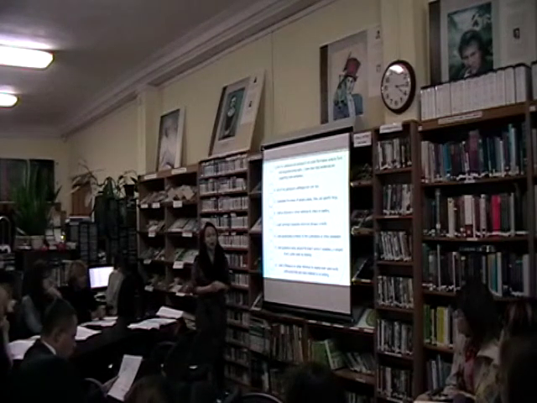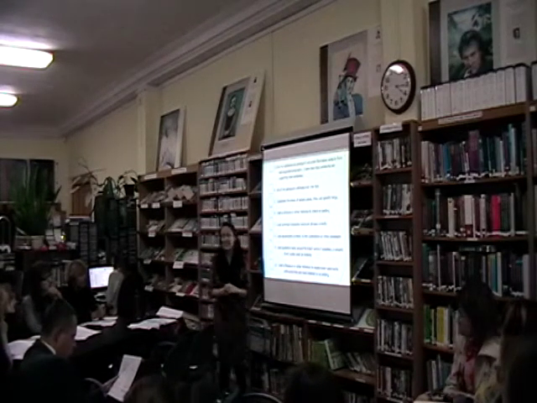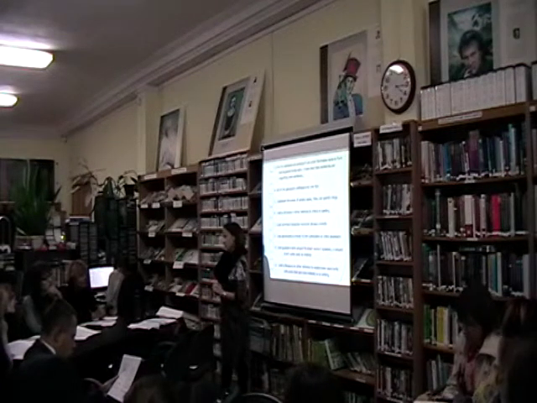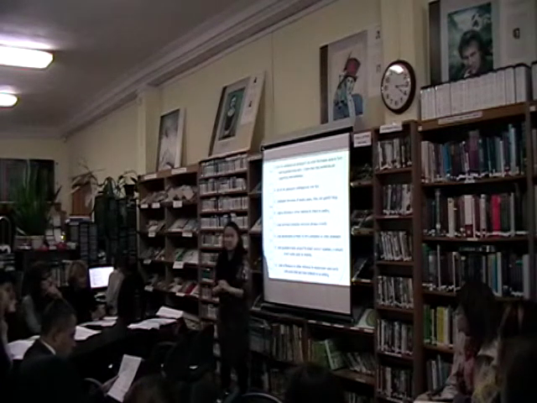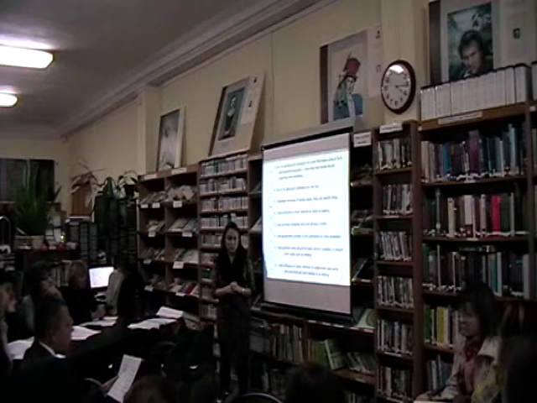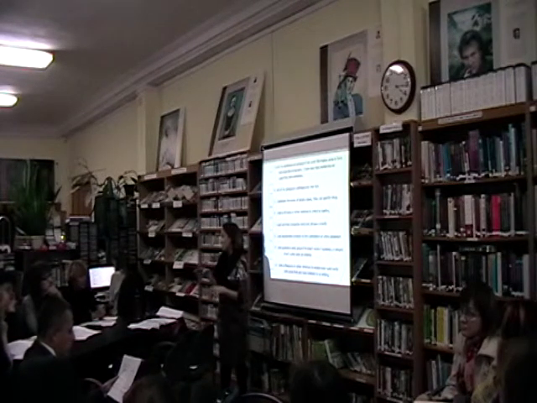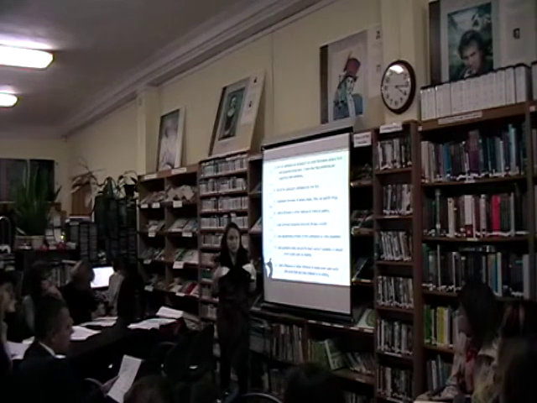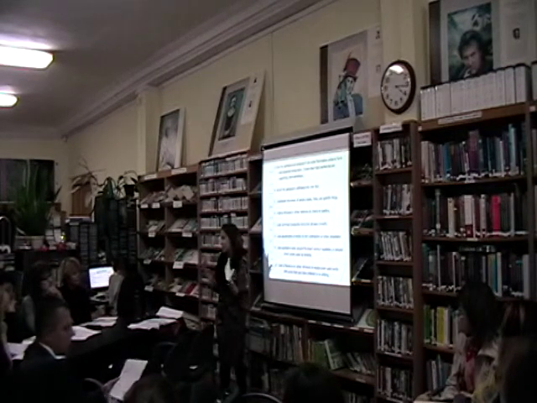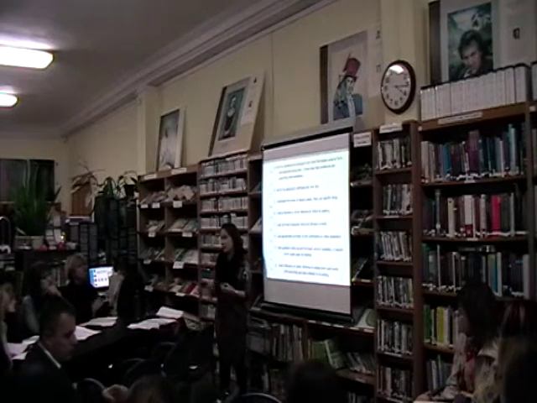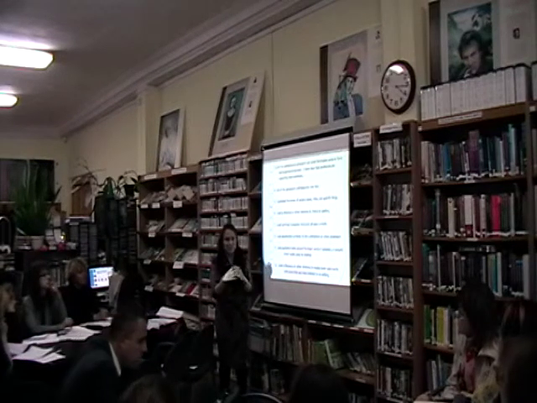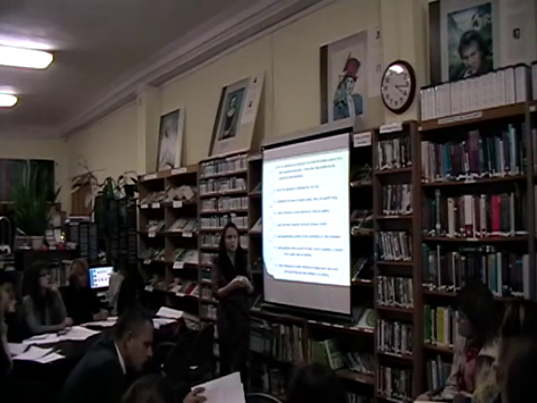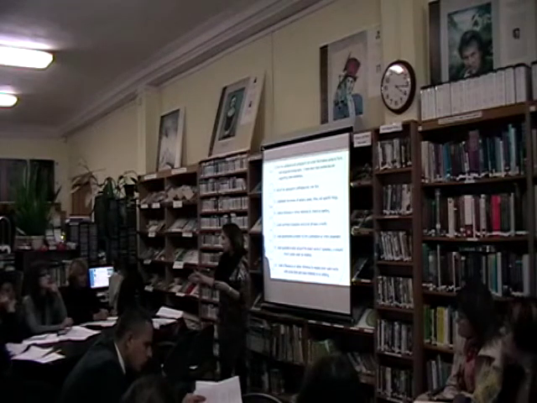One of the hardest things for students is summarizing. One of the easiest things for students is copying the author's words. So what we're doing right now is helping the students learn to summarize appropriately and to really connect with the material so that they can write a better paper in the future.